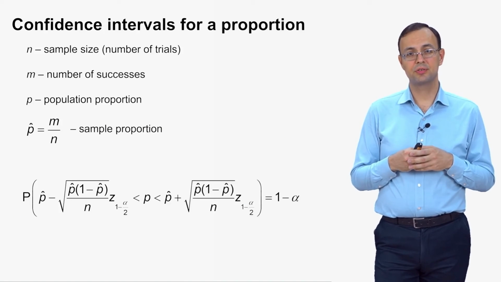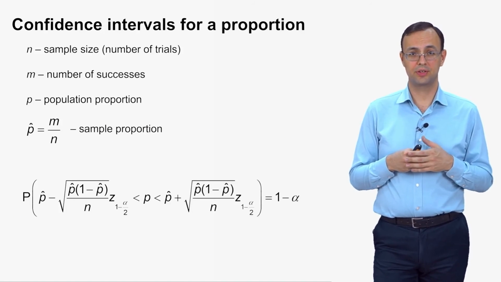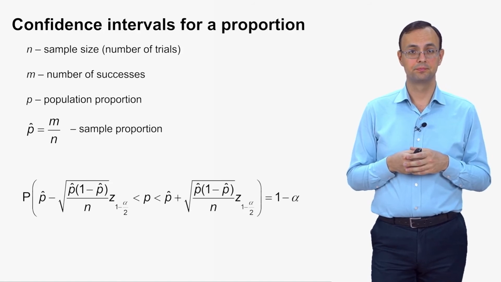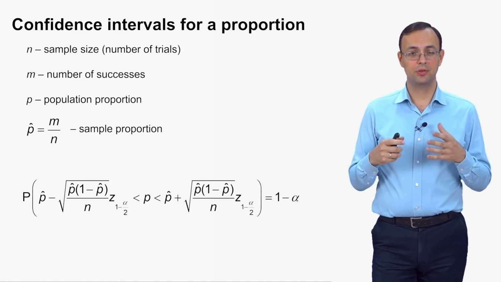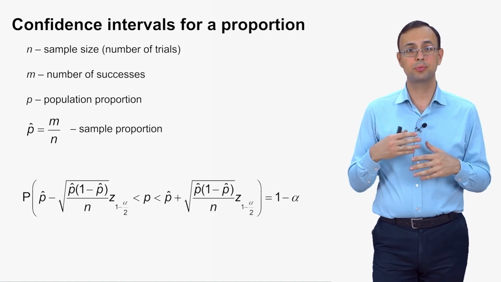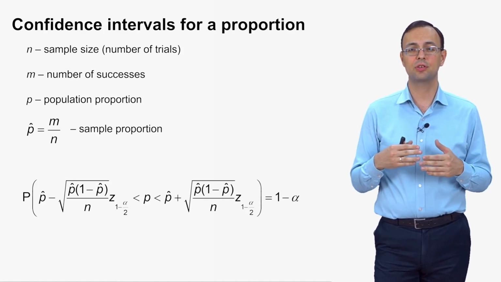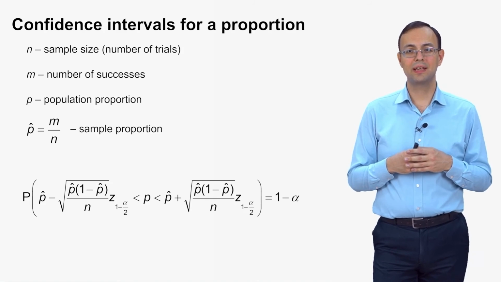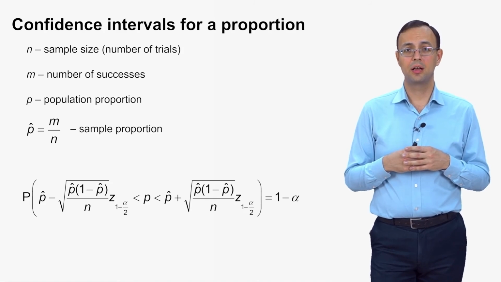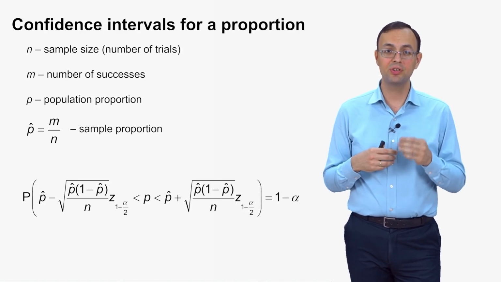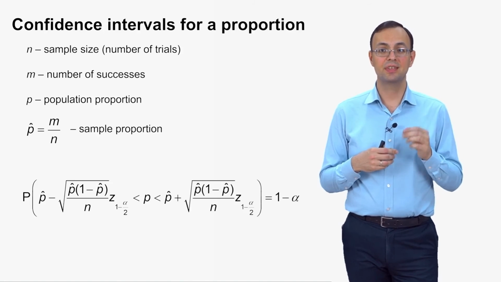The third important parameter that we usually estimate with a confidence interval is a proportion or a probability. As you know, the population proportion and the probability of a random event are actually the same. The natural way to estimate an unknown probability or proportion with a point estimator is the sample proportion.